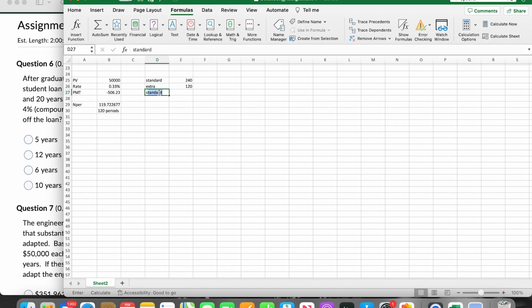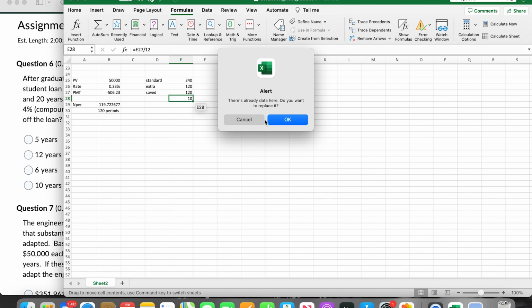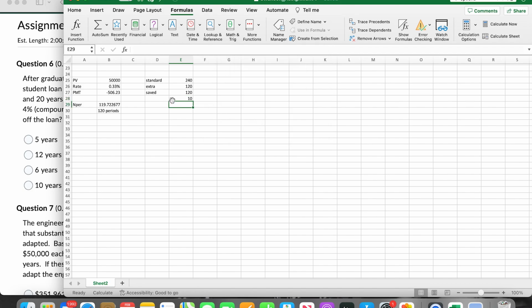So with some basic subtraction, you're saving 120 payments, but that's payments monthly. So you're going to divide by 12, and you will be paying off your loans 10 years earlier than expected.